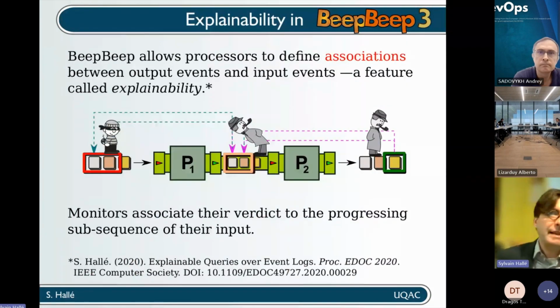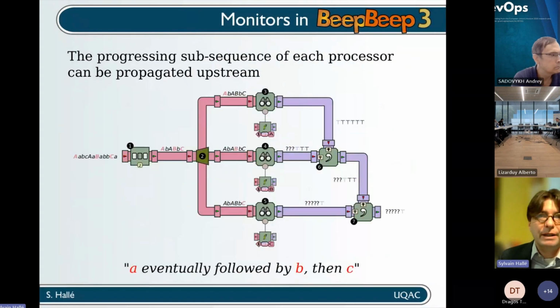The other interesting feature is that in BeepBeep, processors can define associations between output events and input events. I won't have time to explain the details of this, but there's a paper we published a couple of years ago that describes this feature that we call explainability. So in the case of monitors, we can associate the verdict produced by a monitor, which corresponds to a pattern match, to the progressing subsequence of their input, and we can propagate this information.